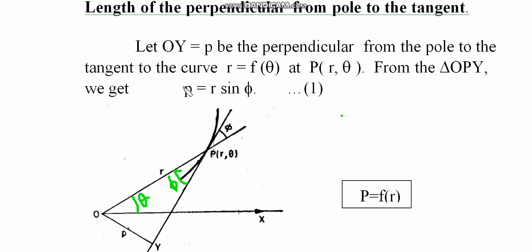So it may be p is equal to g of theta, say. Between these two equations, p is equal to g of theta and r is equal to f of theta, we eliminate theta, or replace theta by r, and we get what we call the pedal equation of the curve, p is equal to f of r. So this is the method.